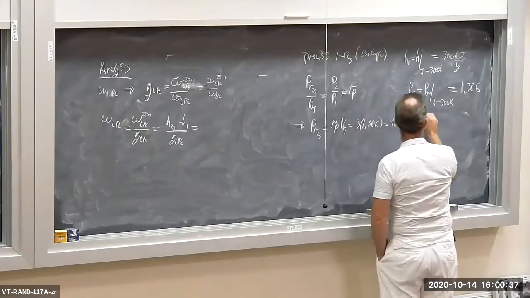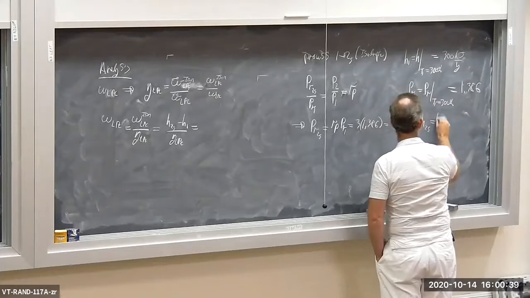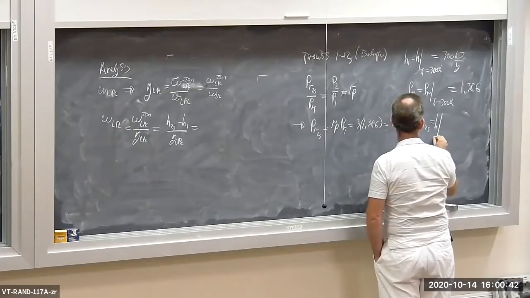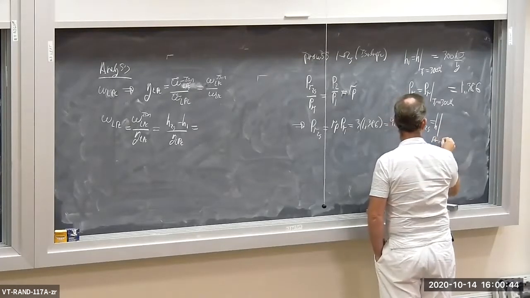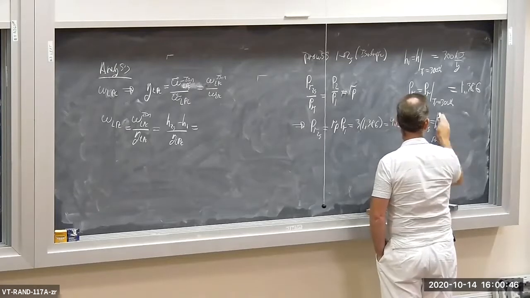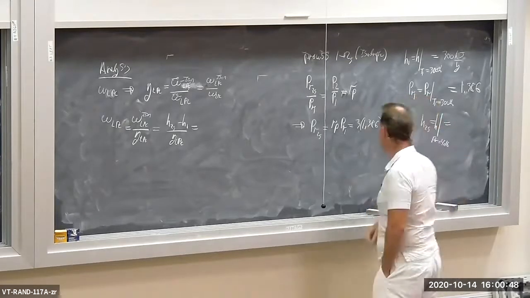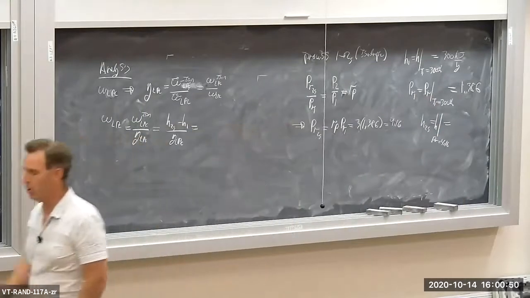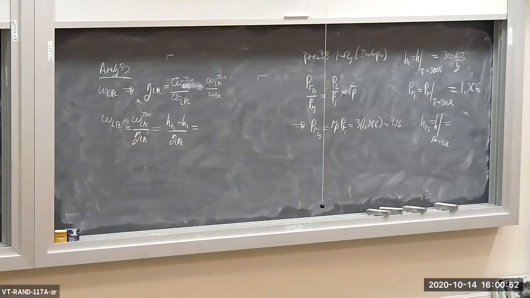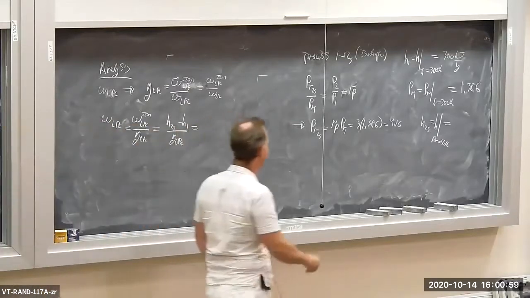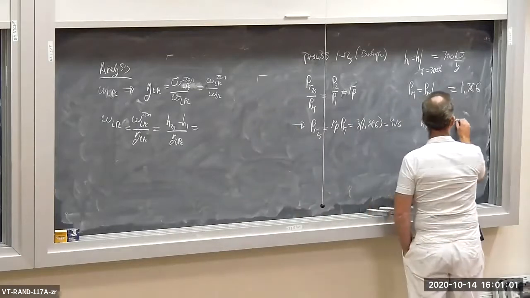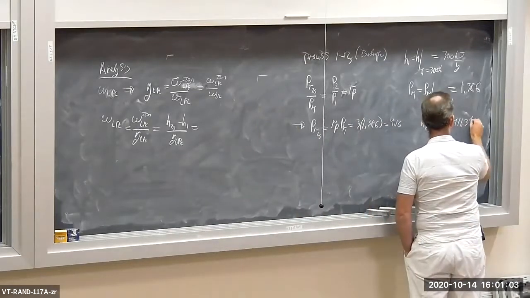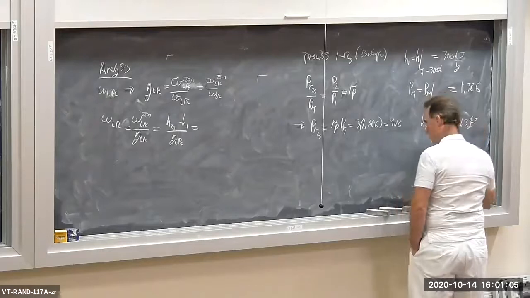4.16. So H2s is H evaluated at PR2s, and I get an H2s of 411.3 kilojoules per kilogram.